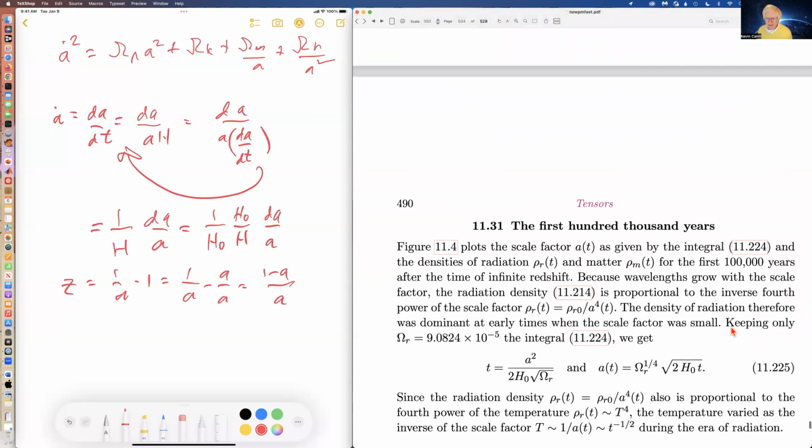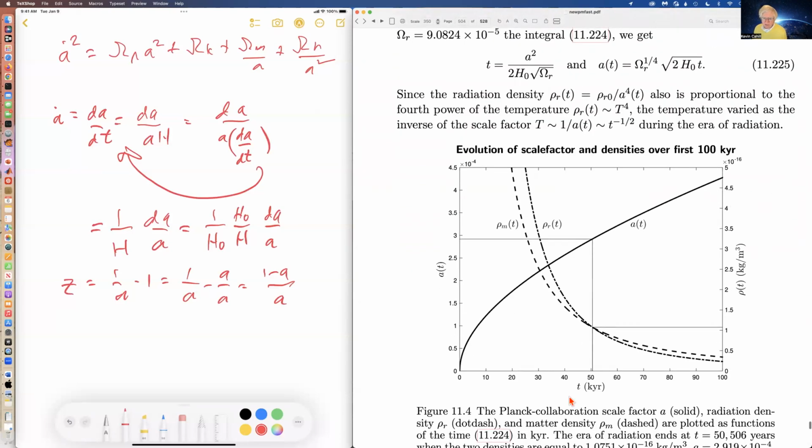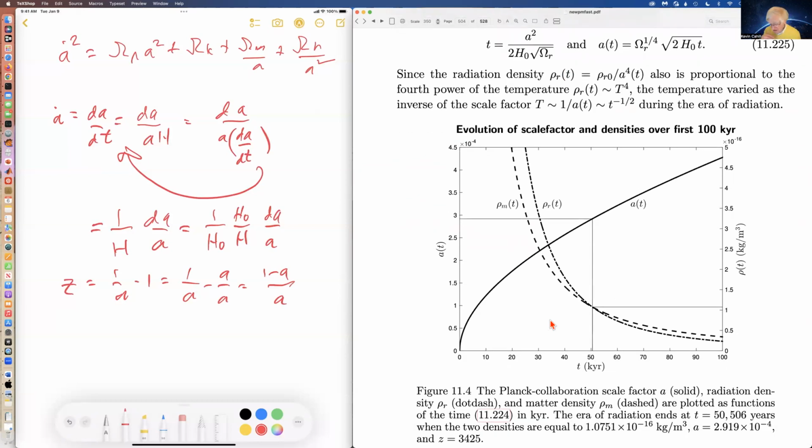And so if we look at what happened in the first 100,000 years, what we had was a period. The first period is called the period of radiation, or the era of radiation, and that lasted about 50,000 years. That's where the energy density of radiation was greater than the energy density of matter, or equivalently, the mass density of radiation was greater than the mass density of matter.